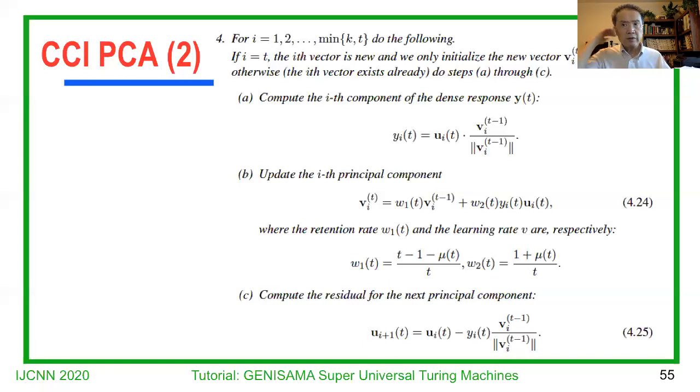So that's how the very complex computation of the principal vector, which is the eigenvector, and the eigenvalue, which is the scalar, is done. We don't even need the covariance matrix.